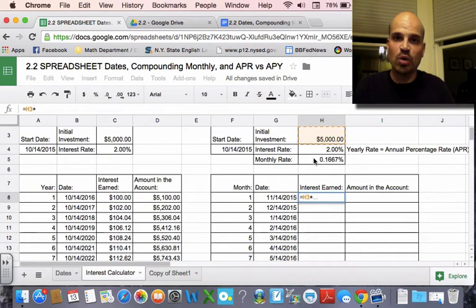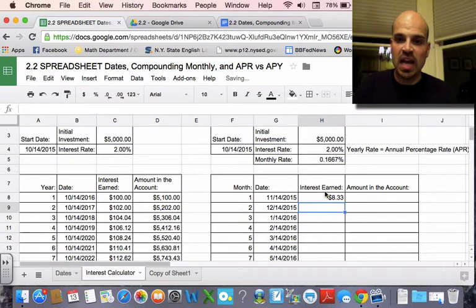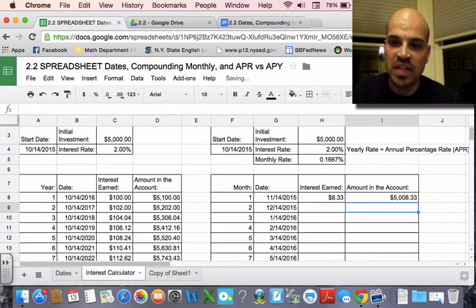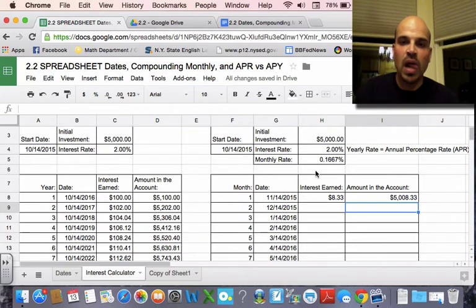I split up that yearly rate into 12 pieces. Okay, there's my $8.33. I can now take my 5,000 and add the $8.33, and I would get $5,008.33.